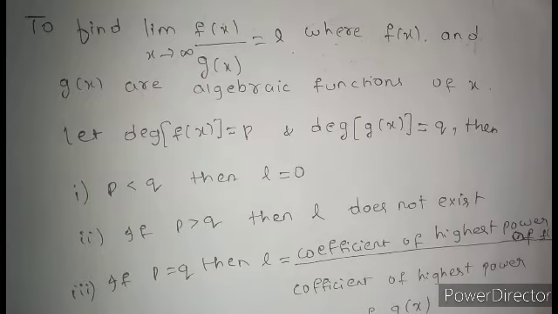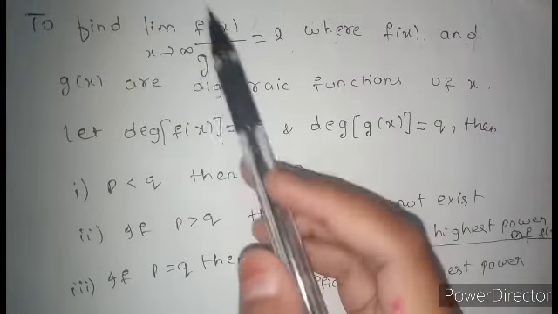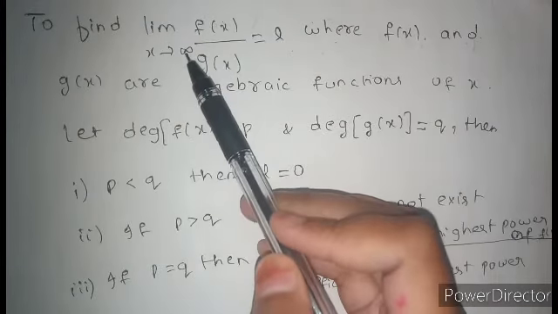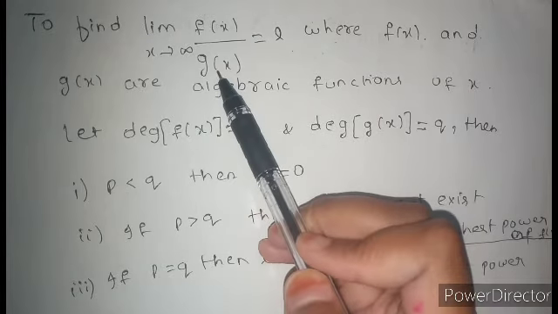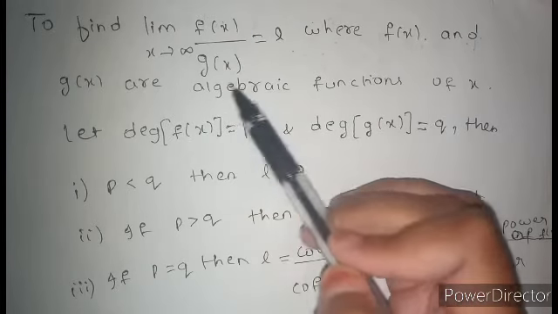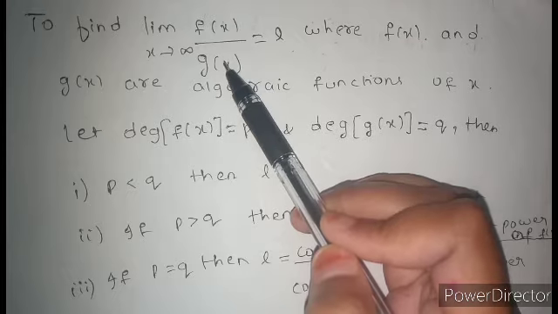So today in this video I'll be discussing one CET question of the limits chapter. So let's get started. Before starting this question, let me tell you a small trick, okay? If they have given you a question of the form limit x tending to infinity f of x by g of x, here the function is of the form p by q, right?